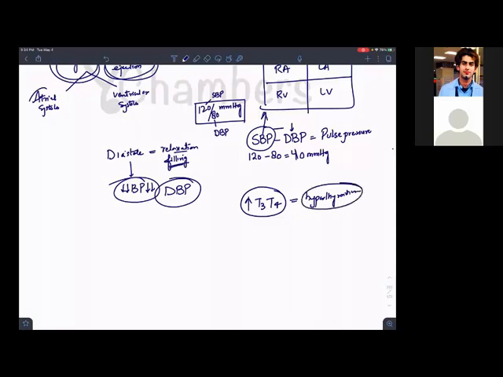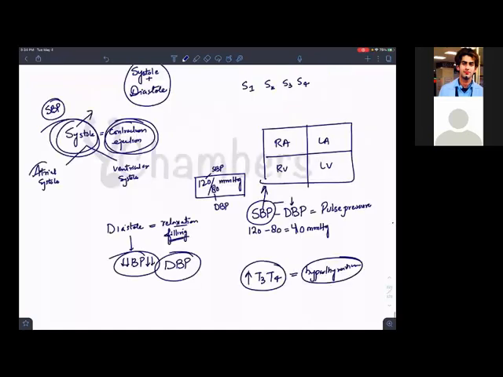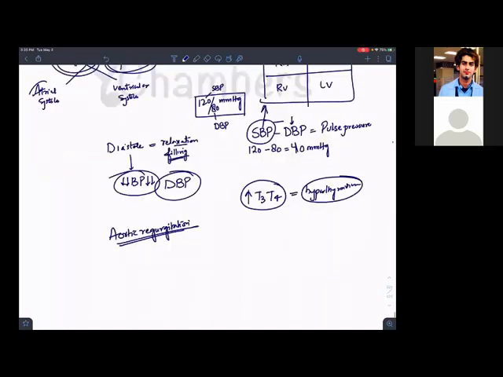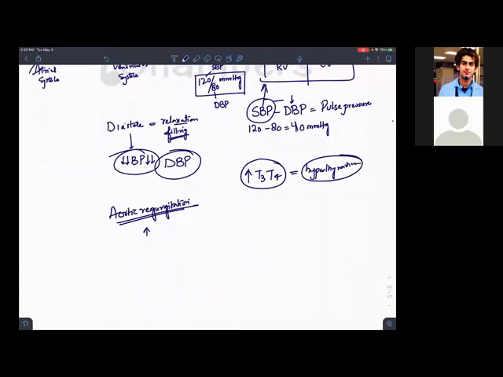Hyperthyroidism. Okay, fine. Or we have aortic regurgitation, which I will be teaching you. In aortic regurgitation, the person has increased systolic BP and decreased diastolic BP.